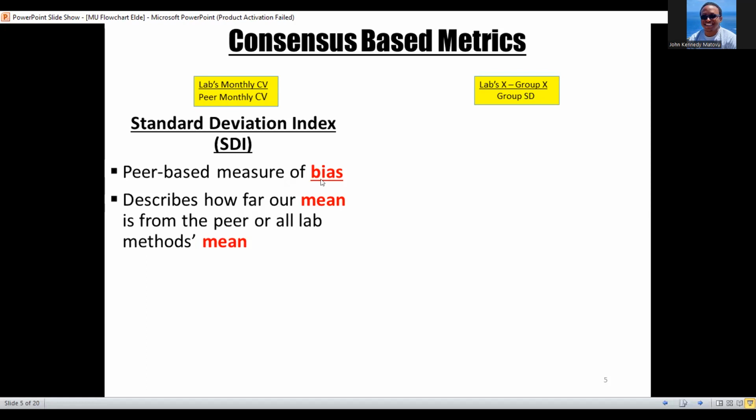Now, the requirement here is that EQA must be commutable. The question is, how do we obtain the bias? How do we know that one? The answer is this can be detected by the EQA surveillance that we are participating in.